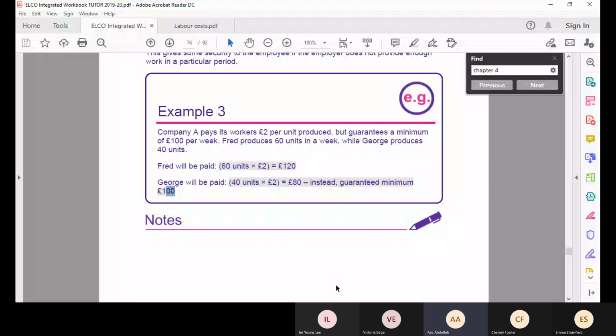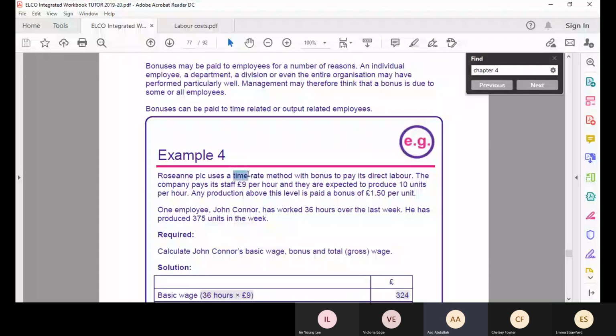If we look at example number 4, related to a bonus scheme, it says Roseanne PLC, a Public Limited Company, uses the time rate method with a bonus. It is direct labor, and they also pay the bonus as direct labor.